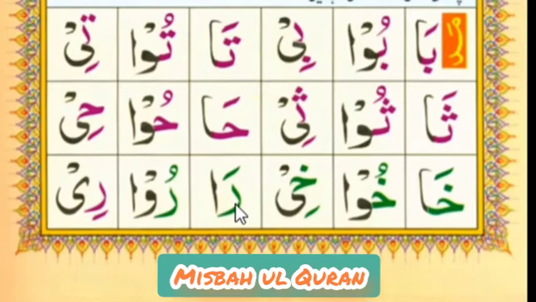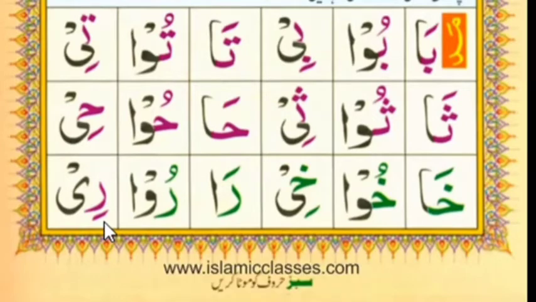So the answer is that in the first two examples we read ra in the heavy sound like the bold, and in the third example we read ra in light sound due to kasra under the ra. If ra comes with fatha or dhamma on it, we read ra in bold sound, and if ra has a kasra, we read light sound in ra. Remember?